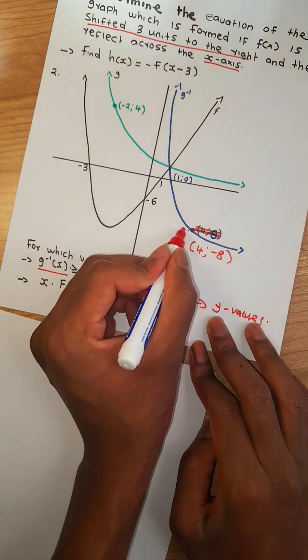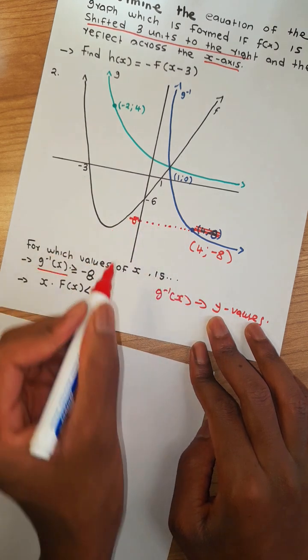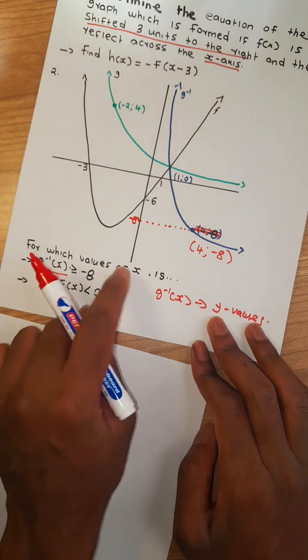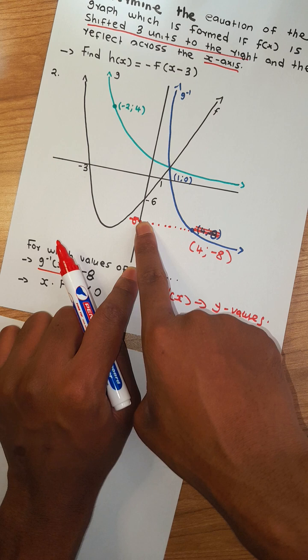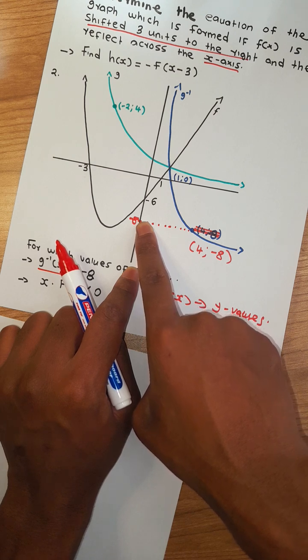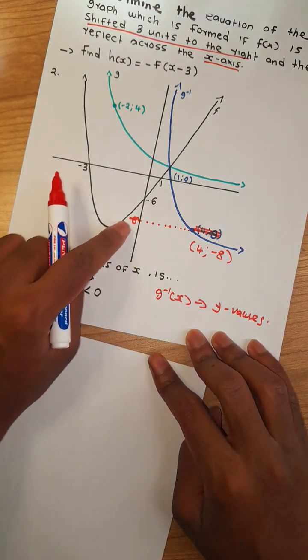If this is -8, you realize that greater than -8 is from -8 upward.